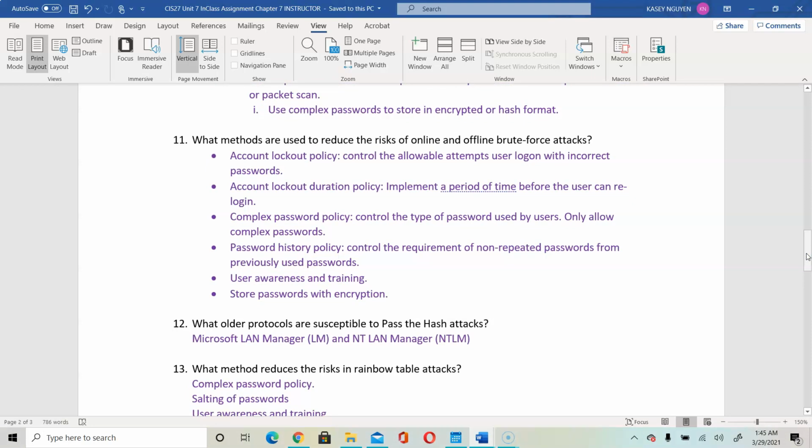That will be Microsoft LAN Manager, LM, and NTLM. These are the legacy, older protocols. NTLM version 2 was later implemented, and it is not susceptible to pass the hash attack, as it uses different hashes.